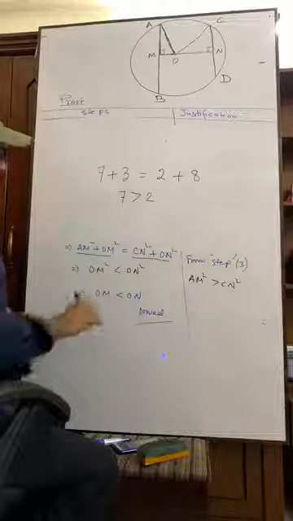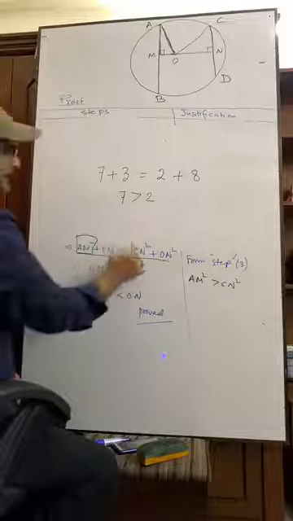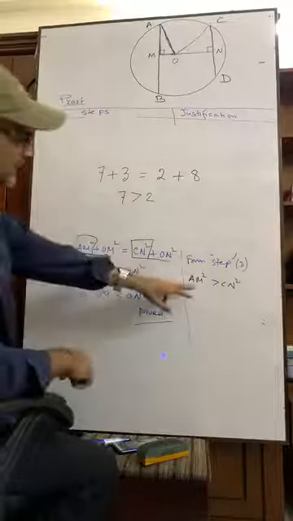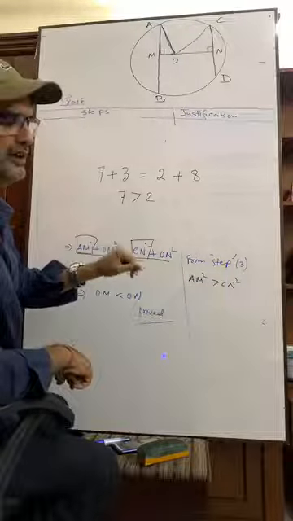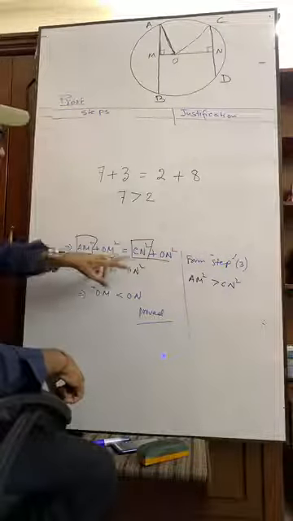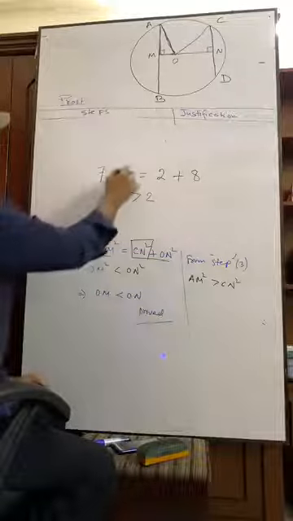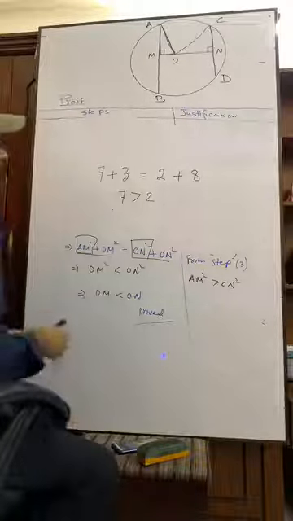That means AM square is greater than CN square, which was found at the end of step 2. This one is greater than this one, so what can be found here?